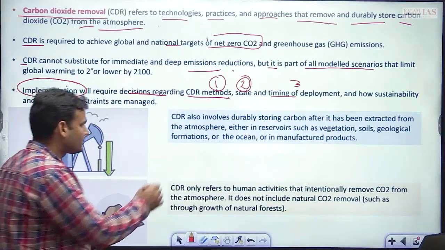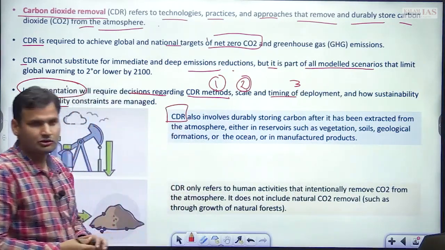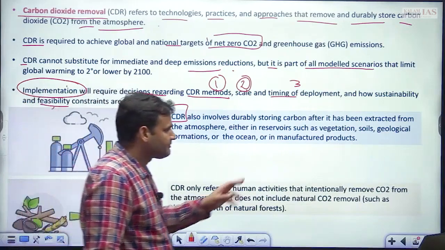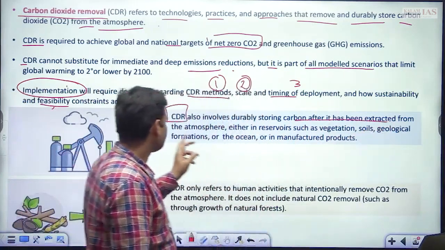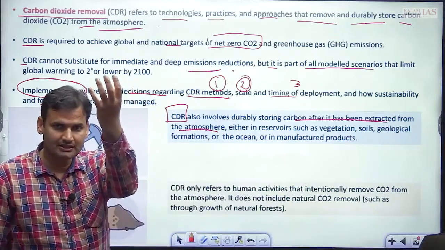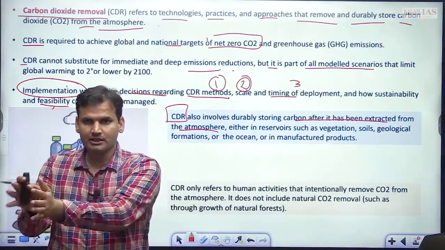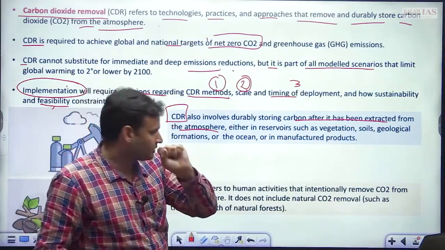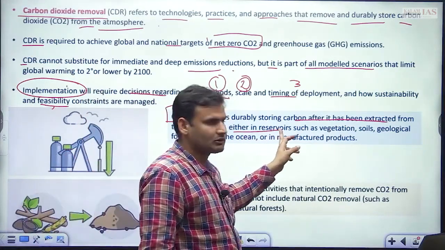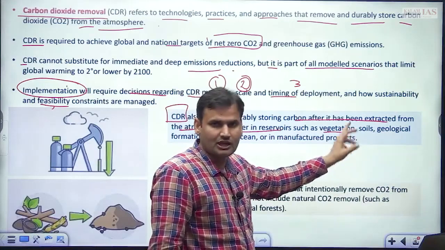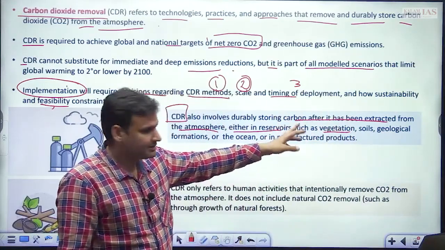Also, we should be mindful that CDR allows storing carbon after it has been extracted from the atmosphere. Carbon dioxide is removed or recovered from the atmosphere and can be stored at suitable places, either in reservoirs such as vegetation. Where can carbon be stored?